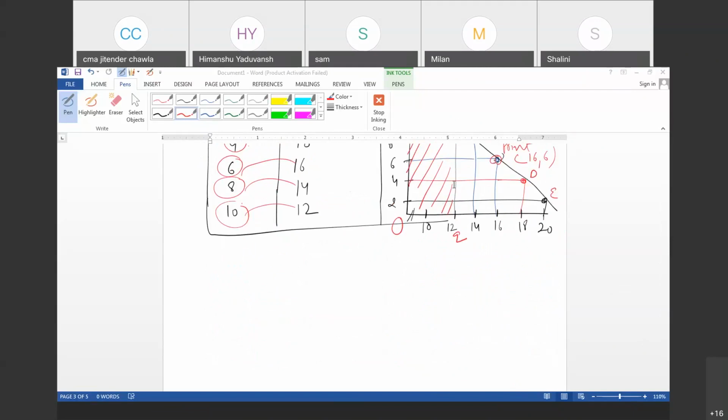We should talk about next, market demand. We should talk about market demand schedule, then we talk about market demand curve.